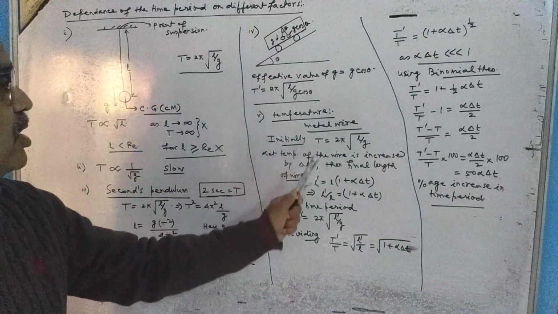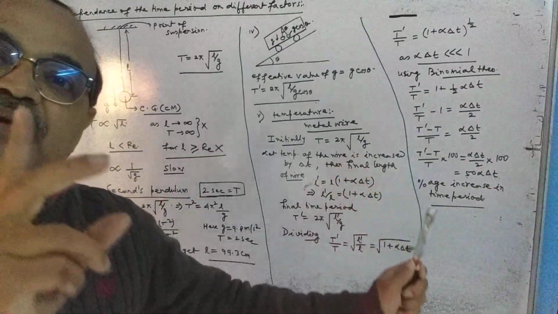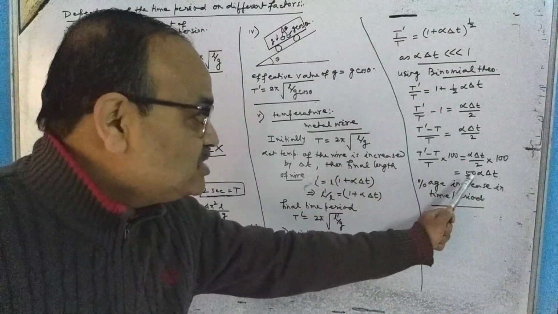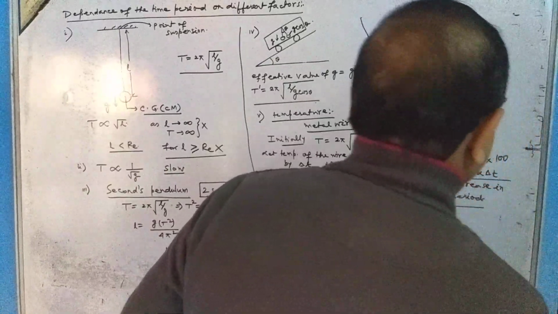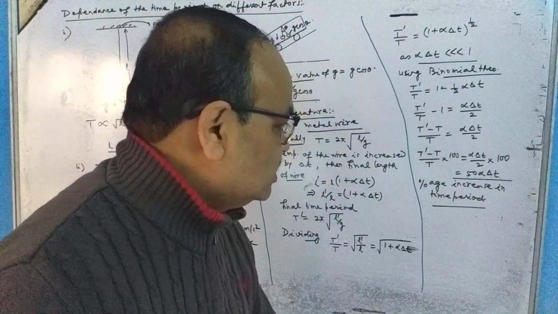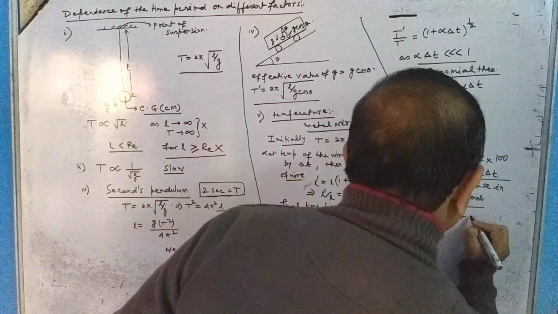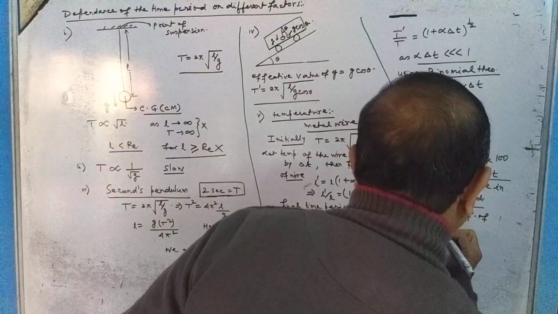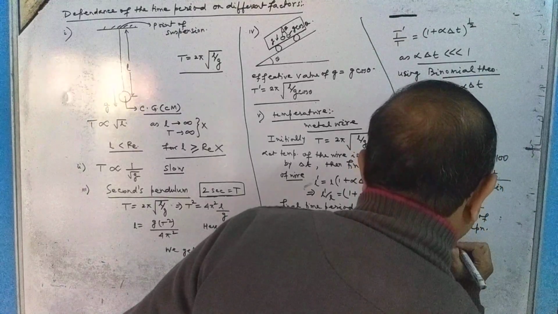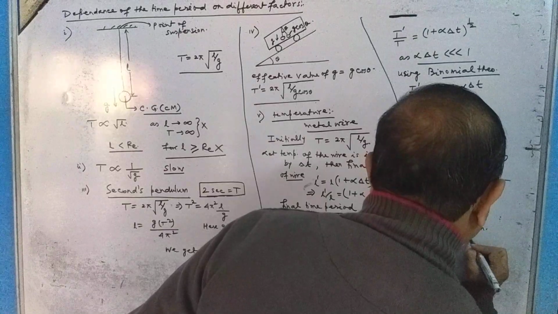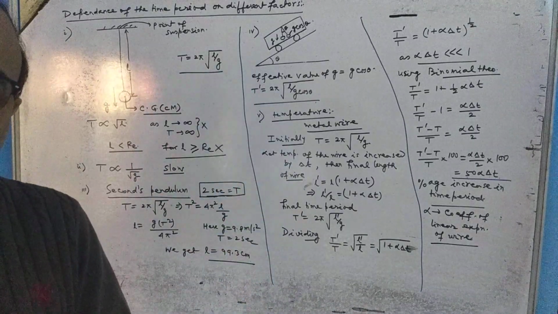If the temperature of the metallic wire of this pendulum is increased, then the time period will increase, and the percentage increase in the time period will be this much. Mind this, alpha here is the coefficient of linear expansion of the wire, the metallic wire. It may be steel, it may be aluminium, whatever it is.